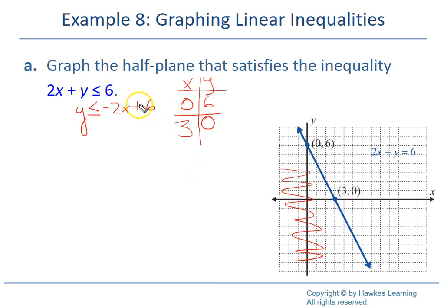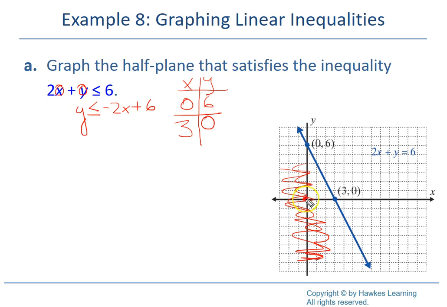Now, using the technique that they have just mentioned, though, let's put in 0, 0, which is the origin. If I put a 0 here and a 0 there, these become 0, this is 0, is 0 less than or equal to 6? Yes. So the origin is in the shaded point.